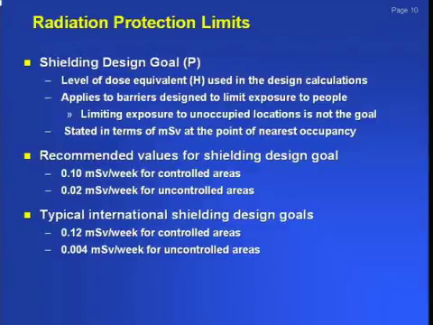Typically, we would use the more conservative of 0.1 for either international or U.S. shielding projects. But particularly for the uncontrolled areas, the international regulations are much stricter. And so we are using those factors.